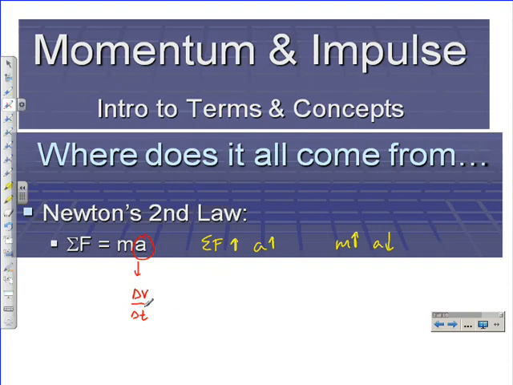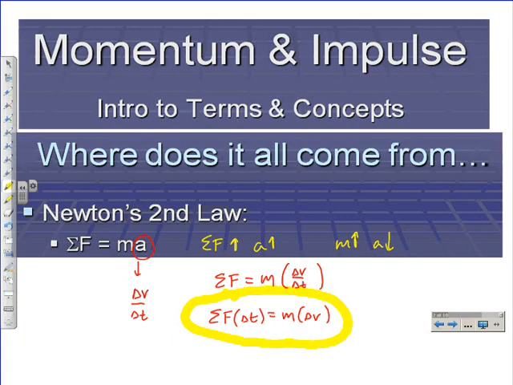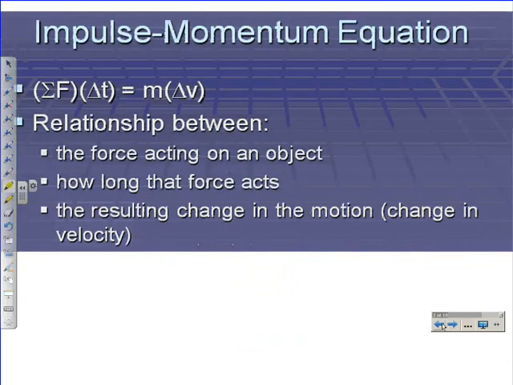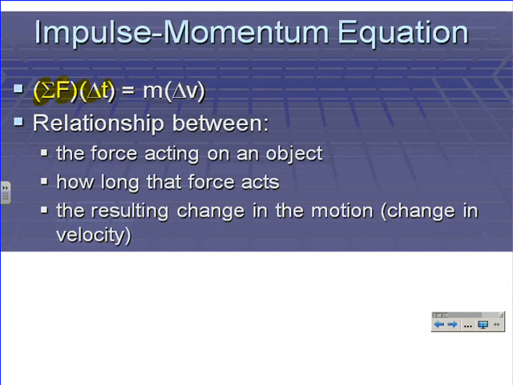So if I take this expression for acceleration and sub it into this equation, m delta v over delta t, and do a little algebra, I end up with this equation: sigma F times delta t is equal to m times delta v. We refer to this expression as the impulse momentum equation. There it is. Sigma F times delta t is equal to m times delta v.